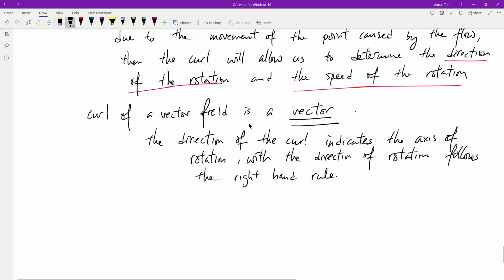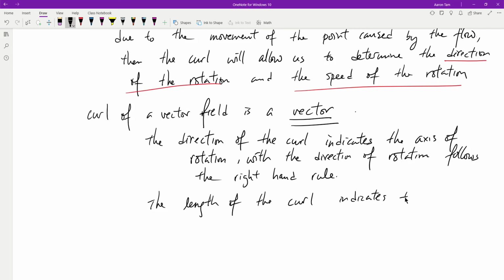And the magnitude, the length of the curl, indicates the speed of the rotation. Here you can basically understand that the longer the length of the curl, the faster the spin.